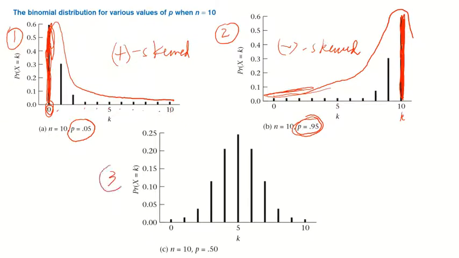Now, let's liken this third scenario to doing a coin toss. Remember, in a coin toss, the probability of success is equal to the probability of failure, right? 50-50. So, in this case, your probability of success is 50%.